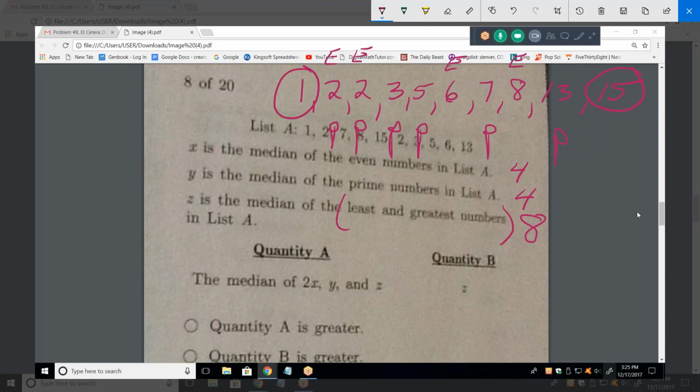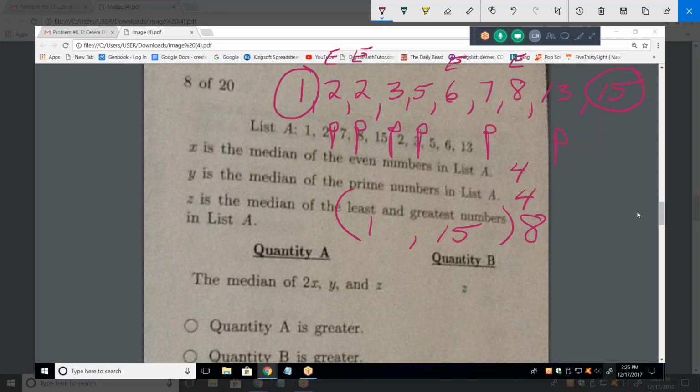Because you're right, it's too easy to interpret that, which is what I think you probably did. In other words, you did the median of the least. Well, that doesn't have any meaning, actually. So you put parentheses around what you want the median of. Well, the least and the greatest numbers, that's 1 and 15. What's the median of that? 8.